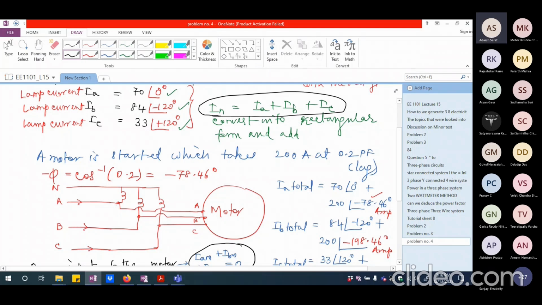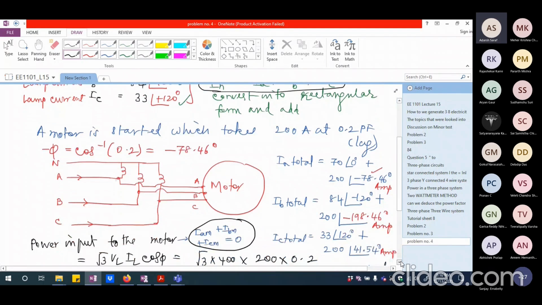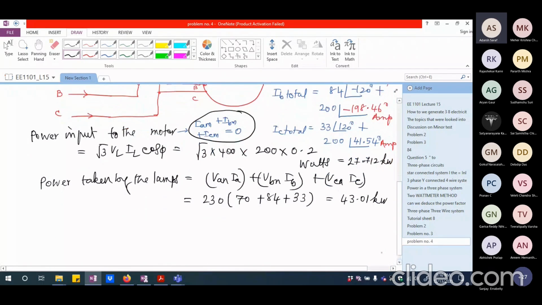And here in the power, you added 70 and 84 and 33 together into 230, right? Yeah. Shouldn't you have done it with the angles? See, you normally write VI cos phi as the power, right?